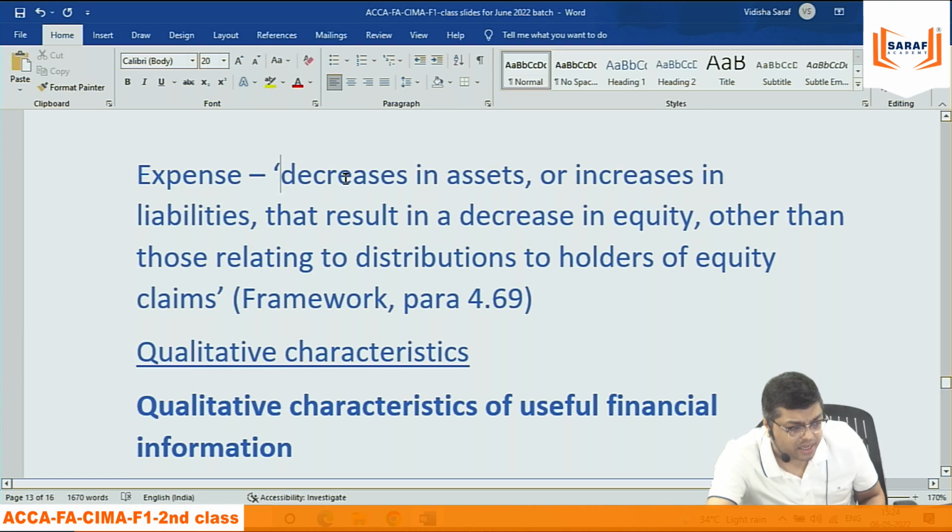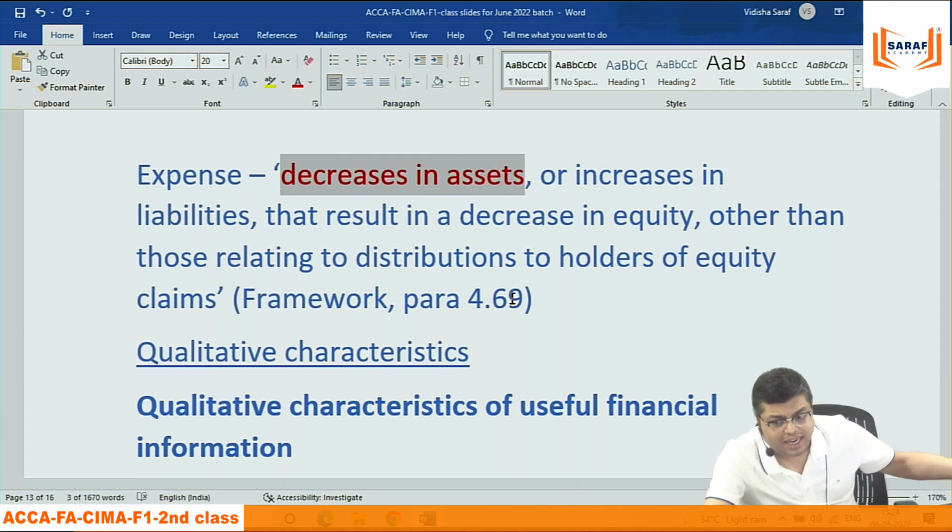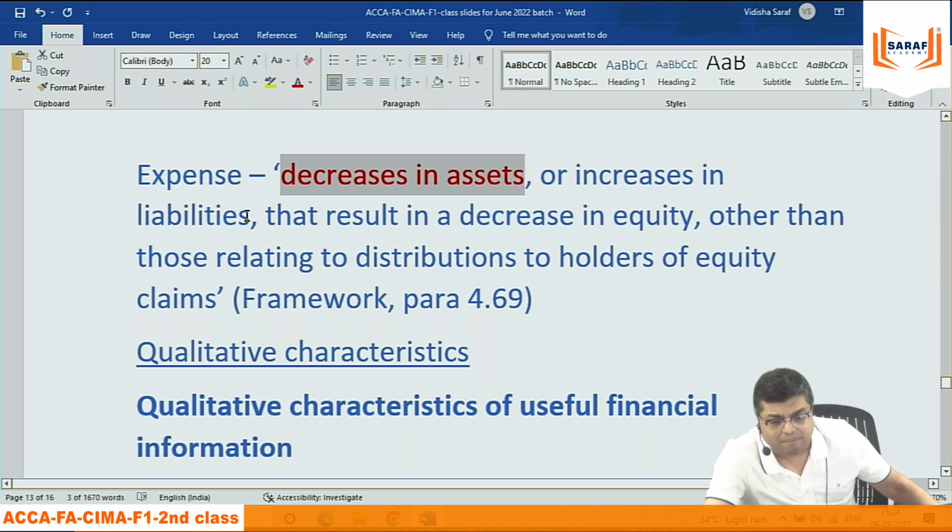Similarly, expenditure, decrease in assets. Decrease in assets, you can say depreciation. Asset value goes down. Depreciation you deduct, you consider as an expense. Increase in liability, I am purchasing goods on credit. So when I am purchasing goods on credit, purchase is an expense, increase in liability is an expense, resulting in decrease in equity.